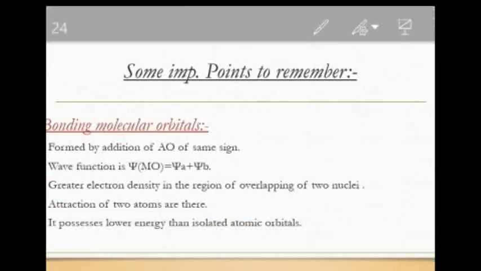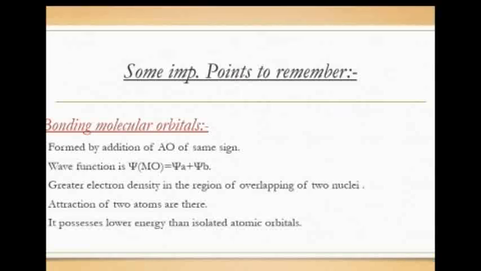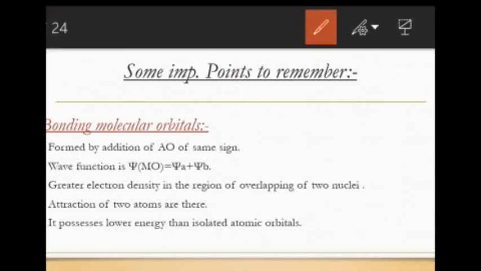Some important points to remember for bonding molecular orbital. First point is bonding molecular orbital is formed by the atomic orbitals of same sign, and wave function is psi molecular orbital equals psi a plus psi b.